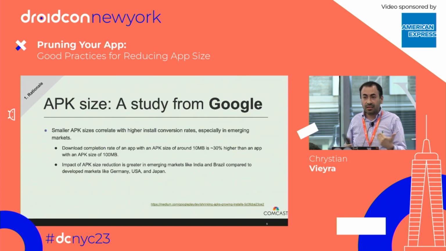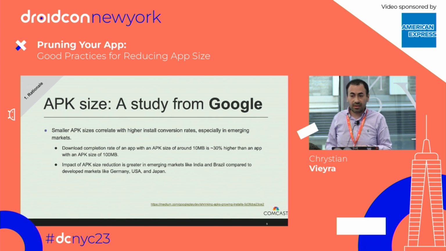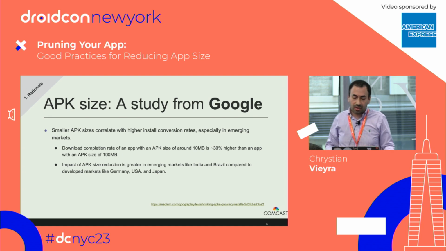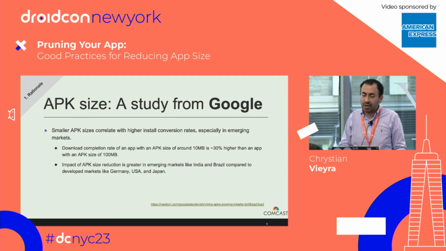You're talking maybe 8, 16, 32 gigabytes, and with a few videos, a couple shows you download, there's not a lot of space. And yes, studies noticed that in India, Brazil, developing markets, it's far more important having a smaller download size. It has a bigger impact than here.